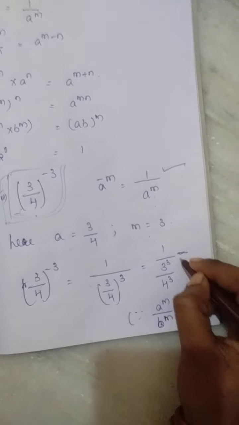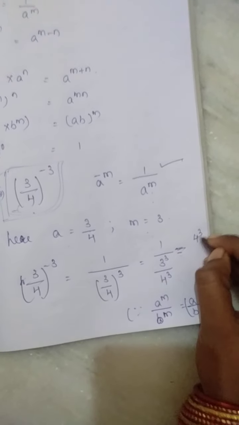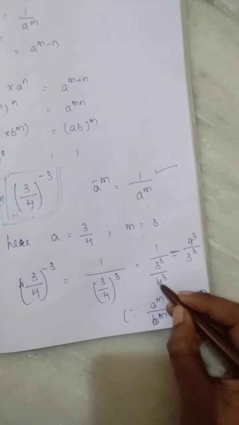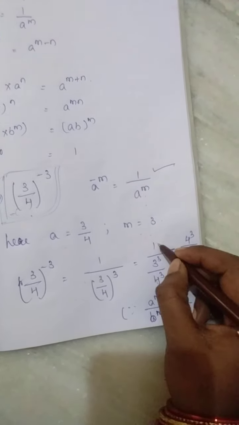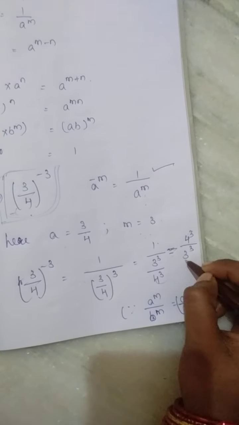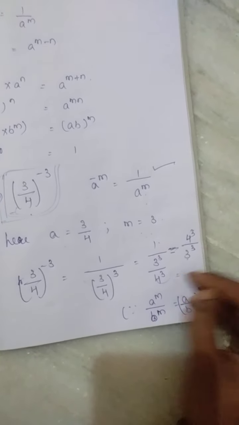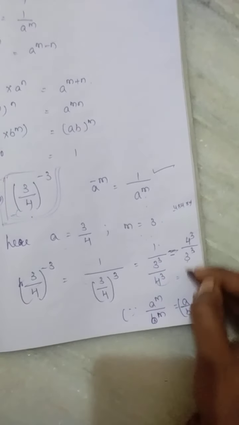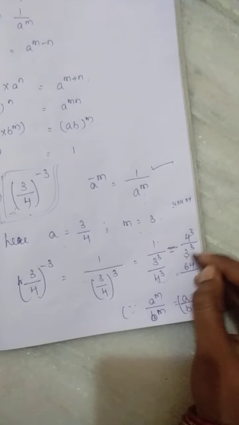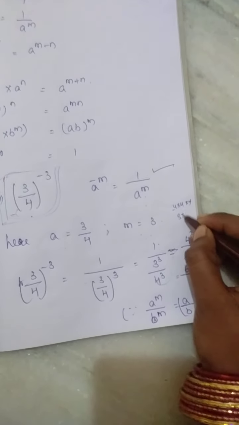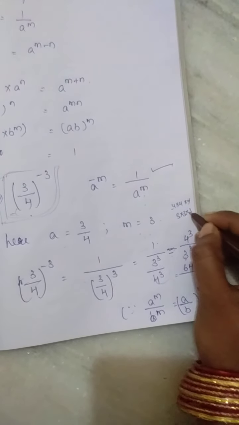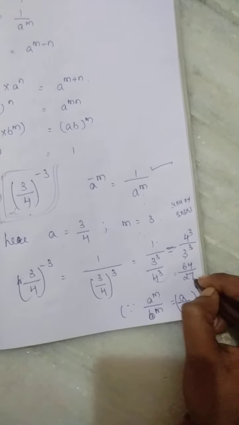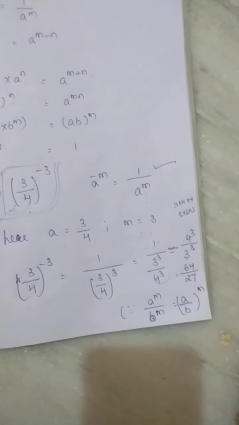So from here, this 4 cube divided by 3 cube, this 4 will come upside. 4 cube is nothing but how much? 4 into 4 into 4. 4 4s are 16, 16 4s are 64, and divided by 3 power 3. 3 into 3 into 3. 3 3s are 9, 9 3s are 27. 64 by 27 is your answer.